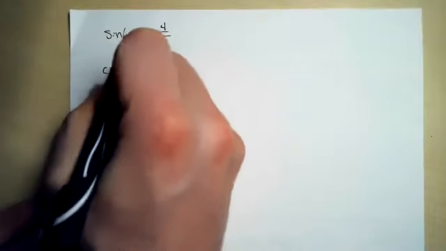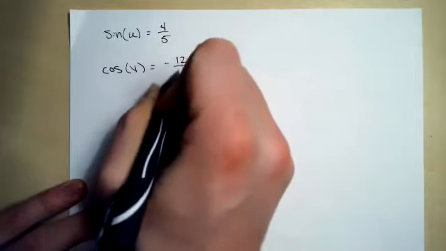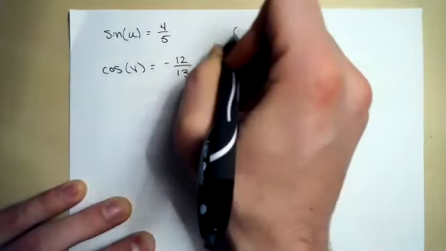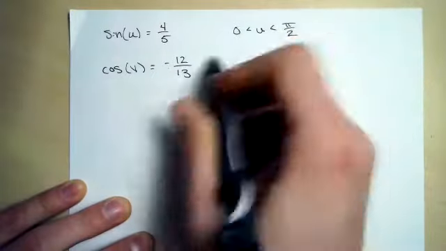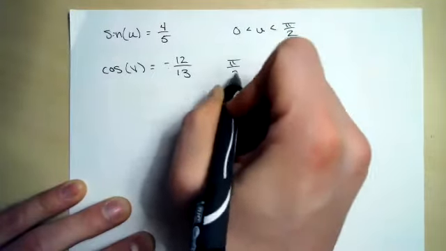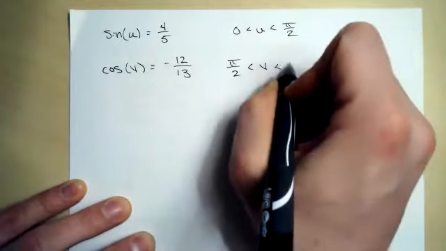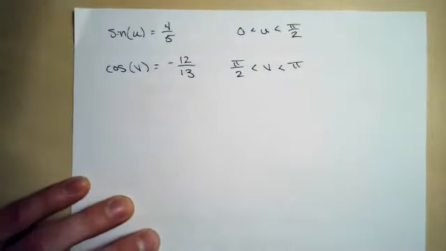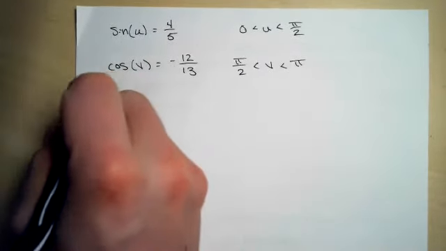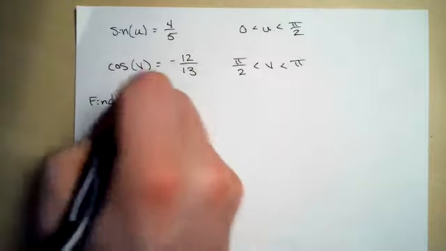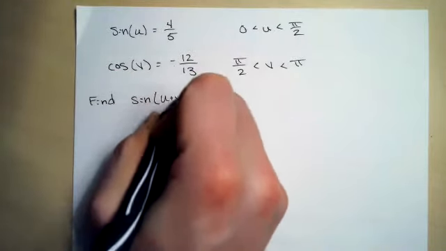We are given that cosine of v is negative 12 over 13, with u being between 0 and pi over 2, and v being between pi over 2 and pi. We want to find sine of u plus v.